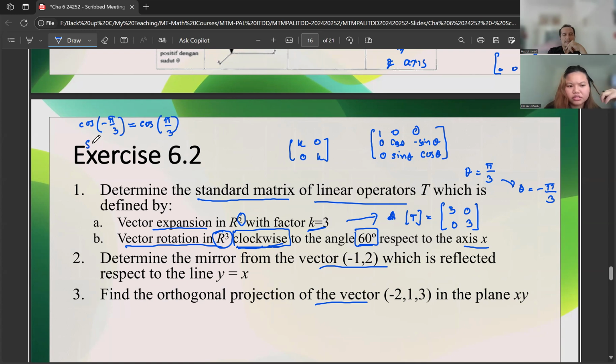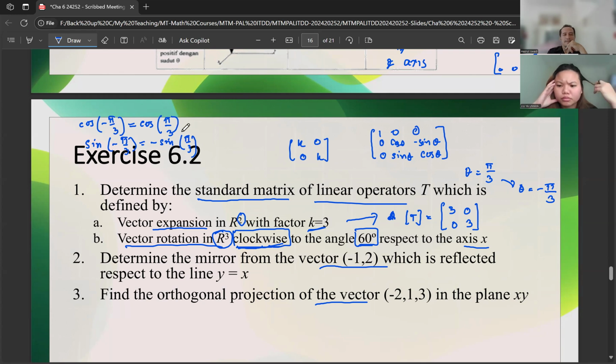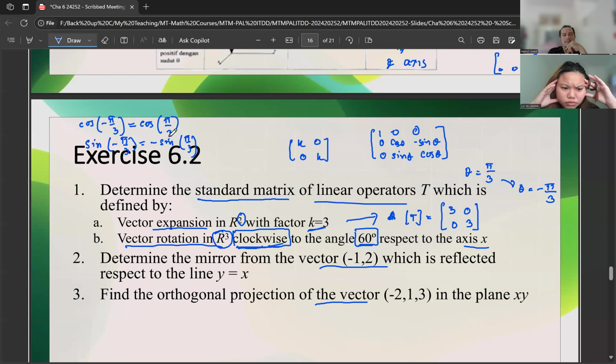But sine of minus pi over 3 will be minus sine of pi over 3. So what is the value of cosine pi over 3? It is 1/2.